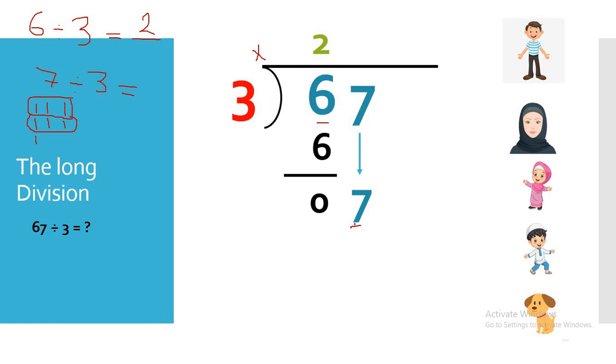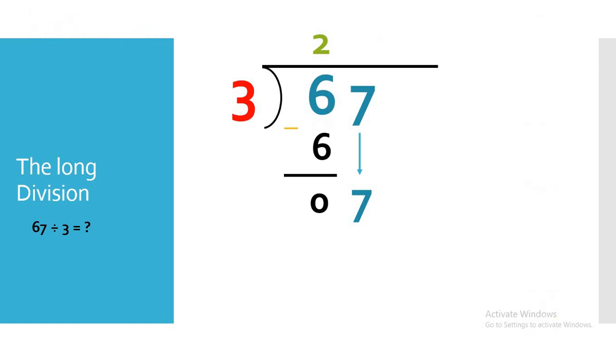So 7 divided by 3 equals 2 equal groups of 3. So we write the answer above the ones. Or here we can find the answer by thinking about the times table of 3.